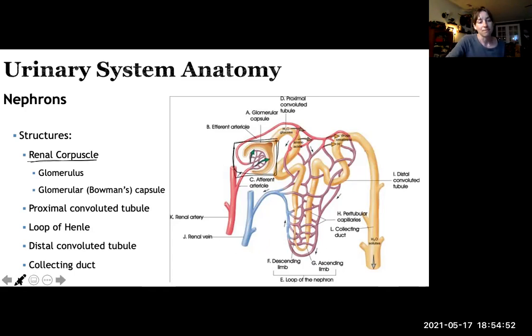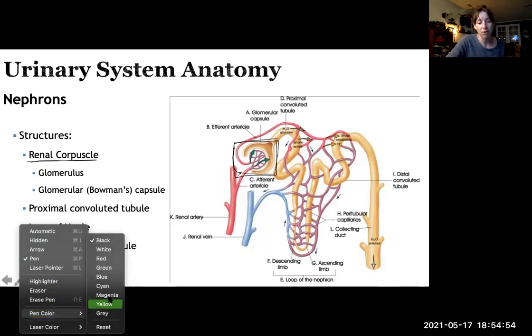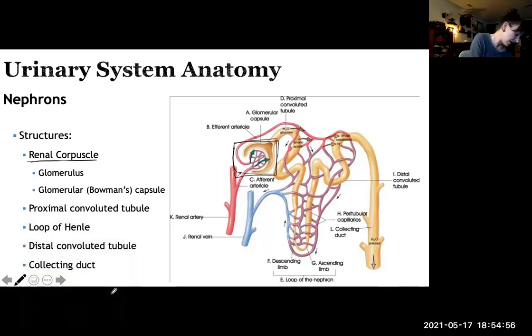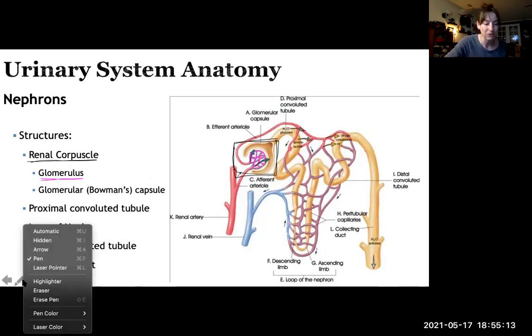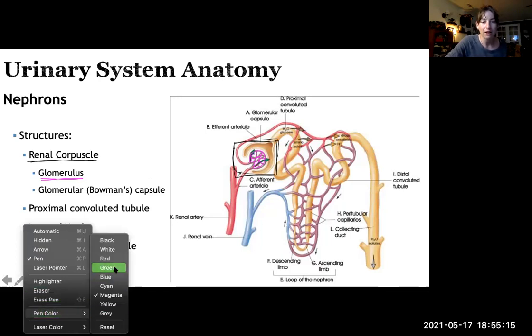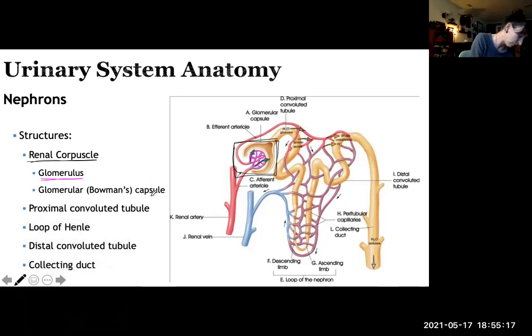It is made up of two different parts, which are the glomerulus, which is the actual capillary bed where the filtration occurs, where we're actually going to be pulling the plasma out to filter it, and the glomerular capsule. You may also see it online or elsewhere as the Bowman's capsule.